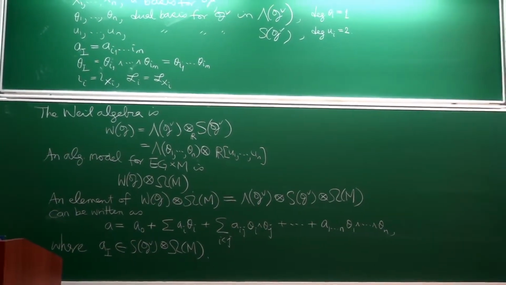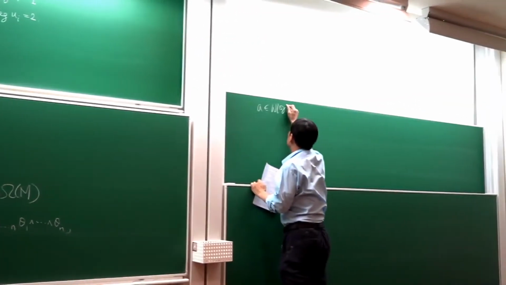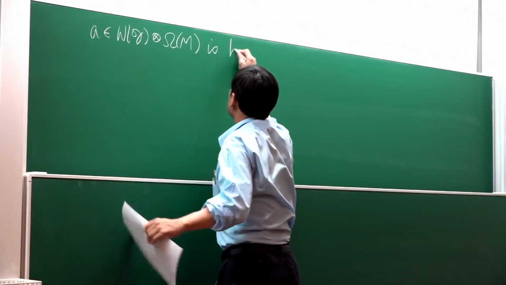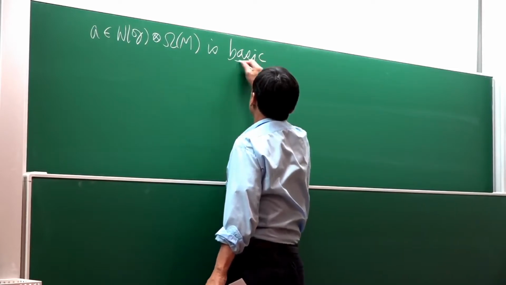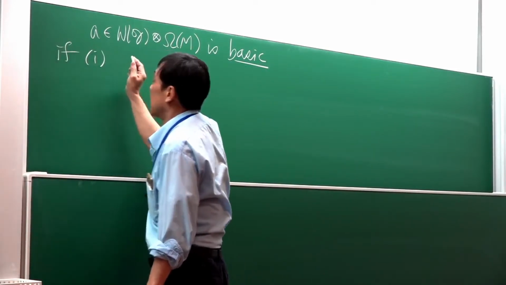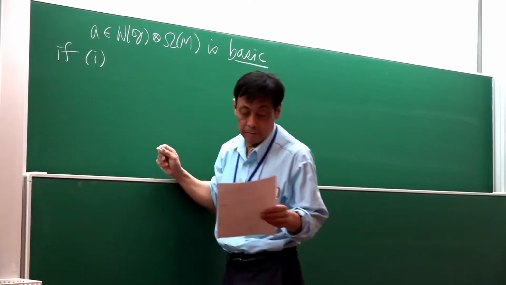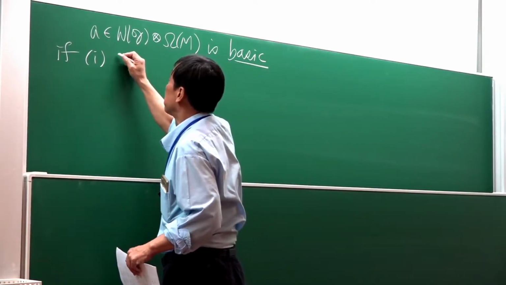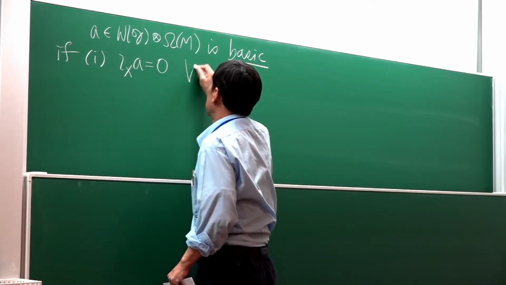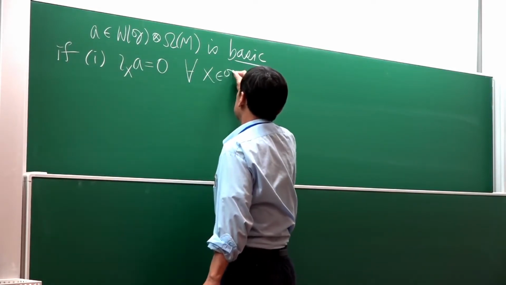So A in W g tensor with omega M is basic if one, it's horizontal, so i x A is 0 for all x in 𝔤.